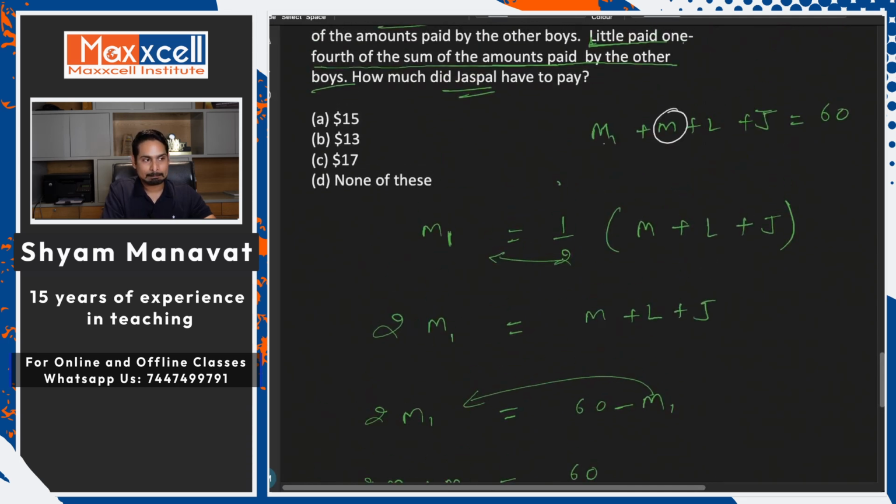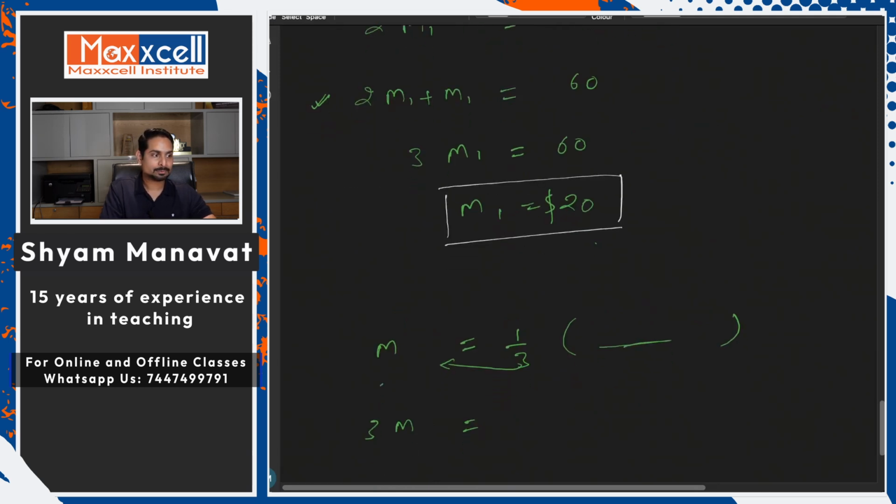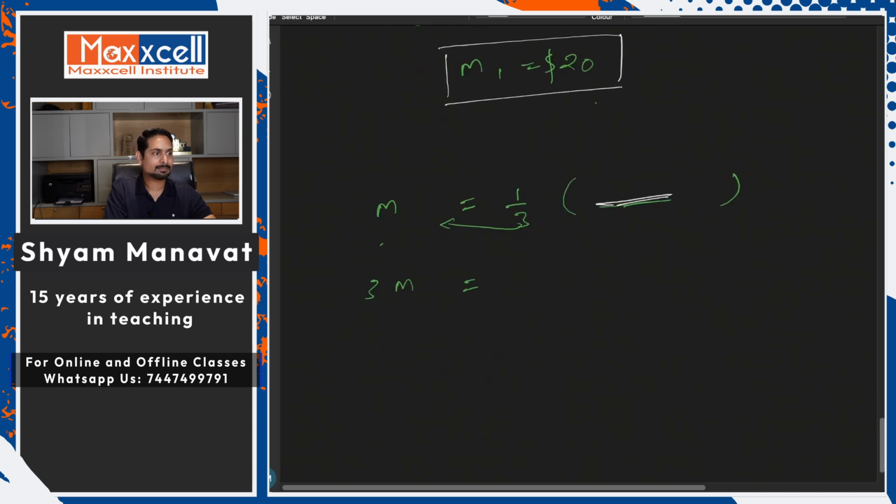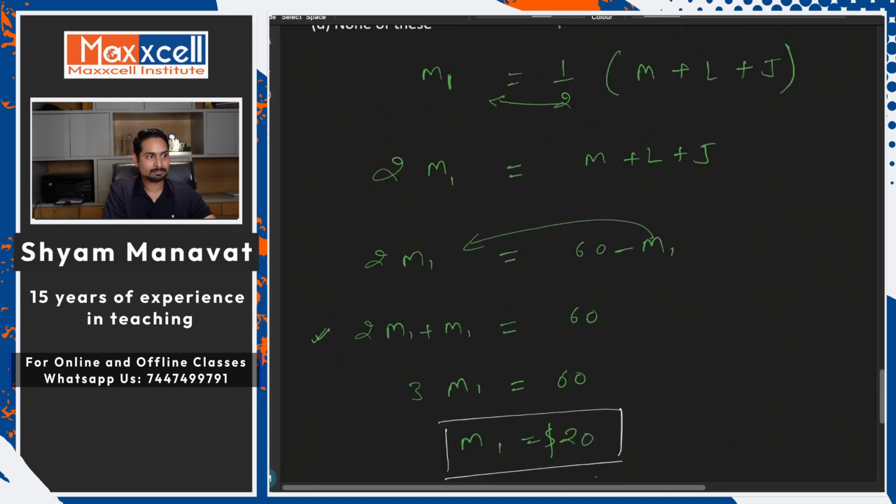Mayank plus Little plus Jaspal equals 60 minus Mirza, right? Did you understand that? So this part is nothing but 60 minus Mirza.